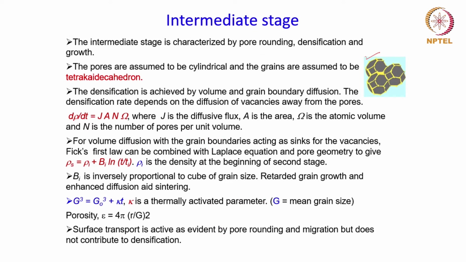So in the beginning the pores were basically growing at the contact points. So if you look at the contact points and the pore filling, as to how it happens during the densification: in the beginning, as the sintering process starts, the pores will have a triangular kind of geometry in the initial stage.